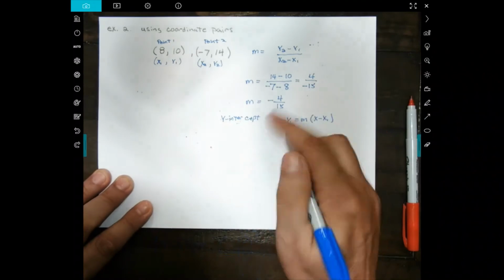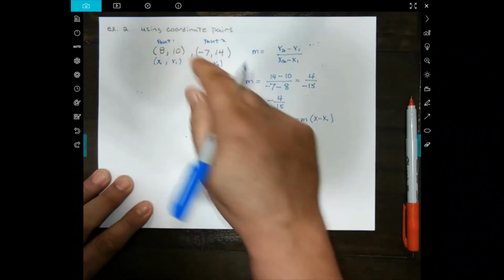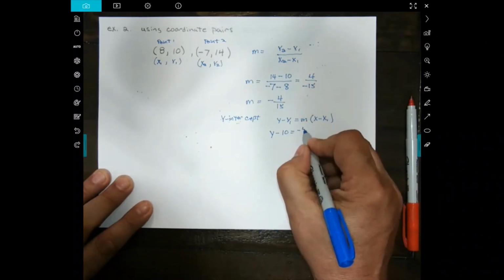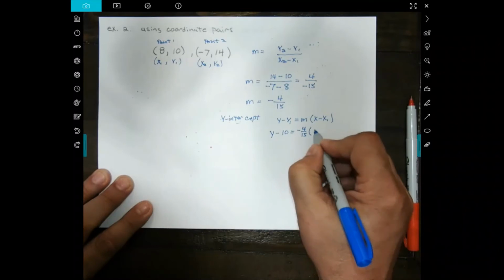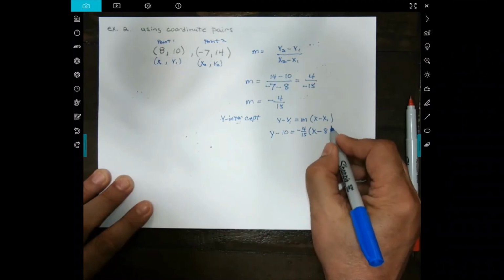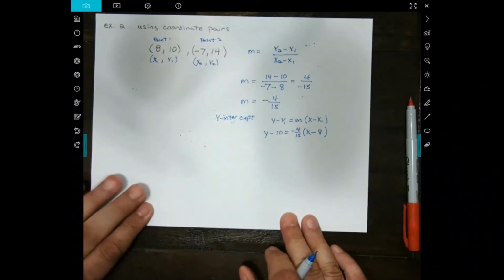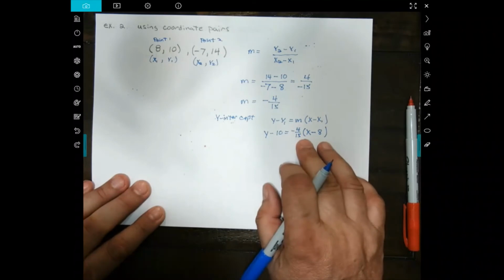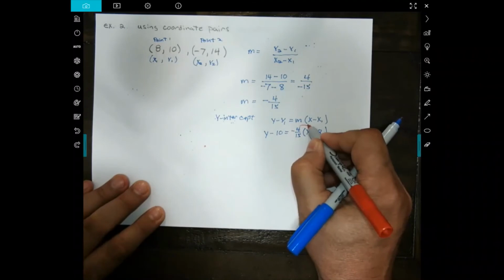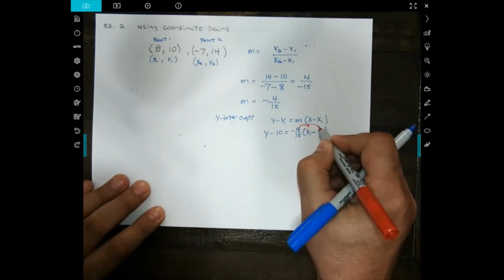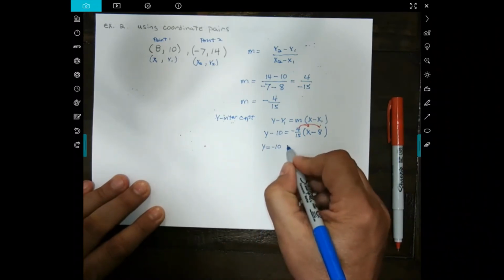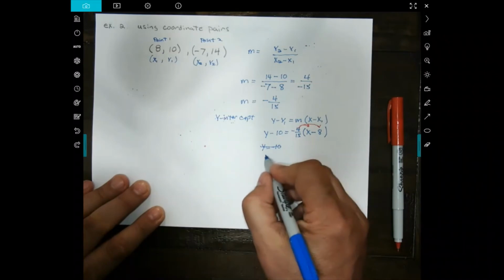I'm going to substitute those in, so I have y minus 10 equals my slope, negative 4 over 15, and then times x minus, and my x1 was 8. Then if I want to put this in standard form, then I can distribute.